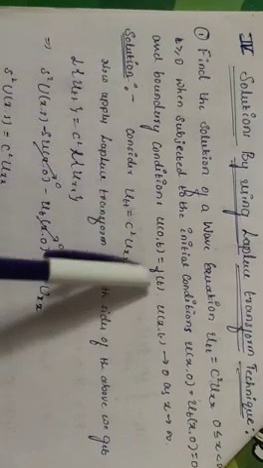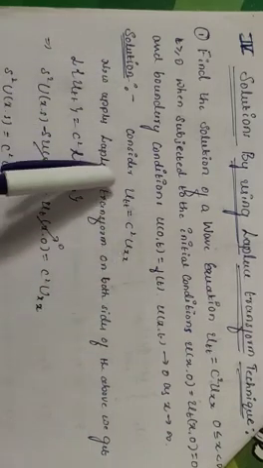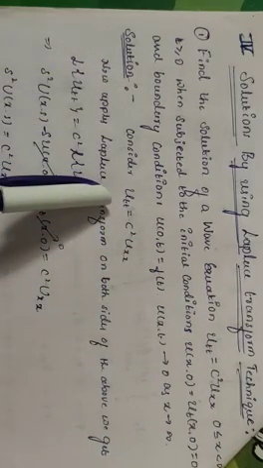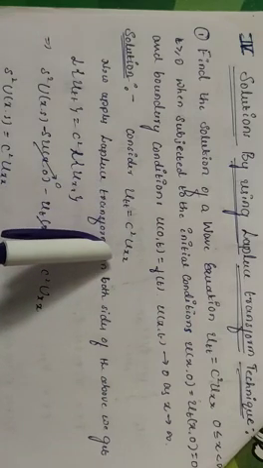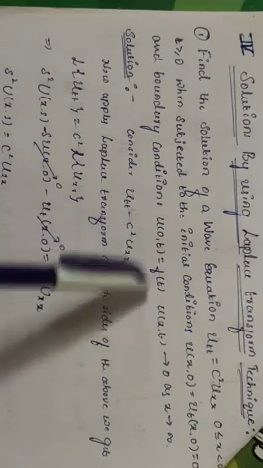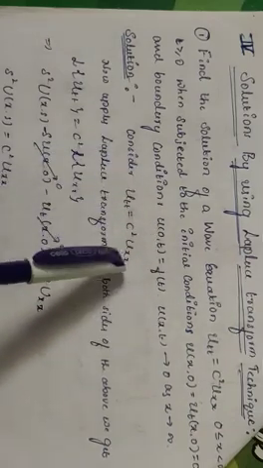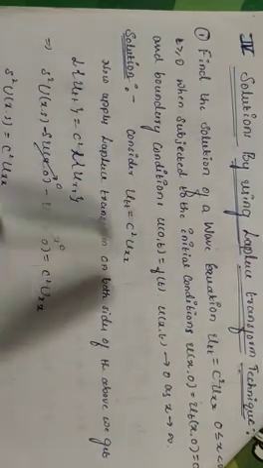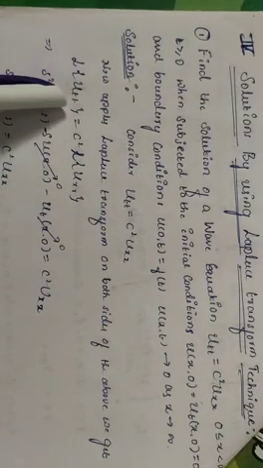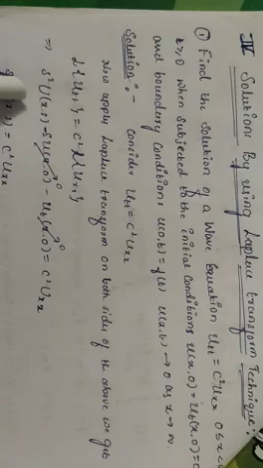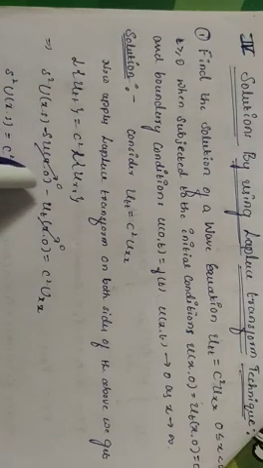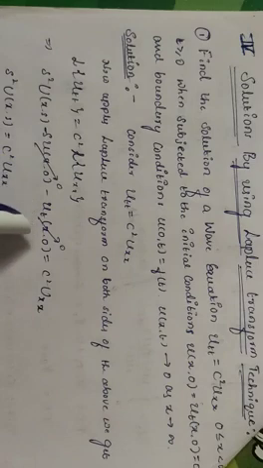For that, first we consider the given equation: second order derivative of u with respect to t equals c square into second order derivative of u with respect to x. Now we apply the Laplace transformation on both sides. The LHS becomes s square into capital U of x comma s minus s into small u of x comma 0 minus small ut of x comma 0.